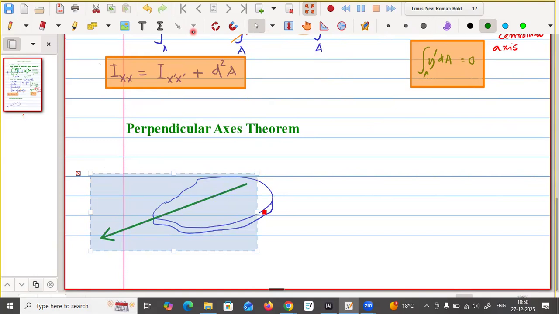Say this one is one axis. Then we have some other axis, say like this.